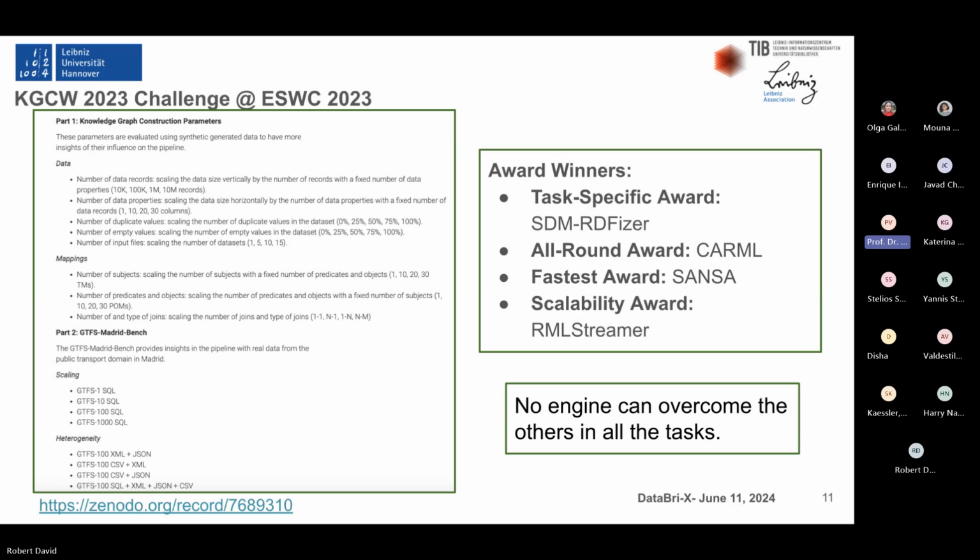The challenge is to evaluate and assess the different engines that exist for creating knowledge graphs. In 2023, for example, the artificer won the task-specific award. But when we compared across different tasks, we saw that there was no engine that at that time was overcoming the others.